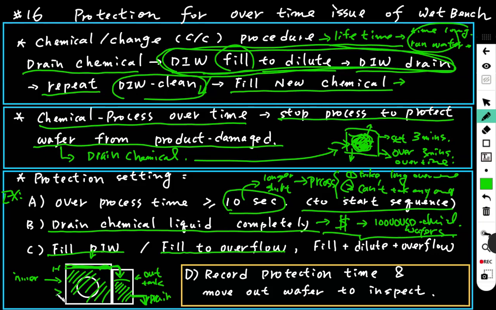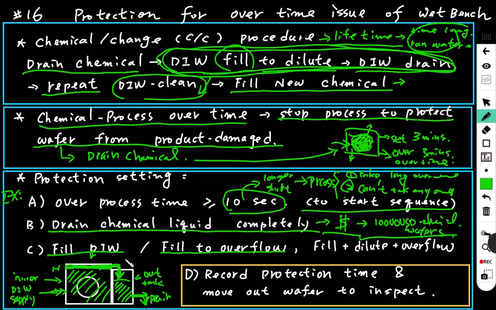So fill the DI water to overflow. We supply the DI water all the time to the inner tank, and the DI water overflows to the outer tank and to drain.